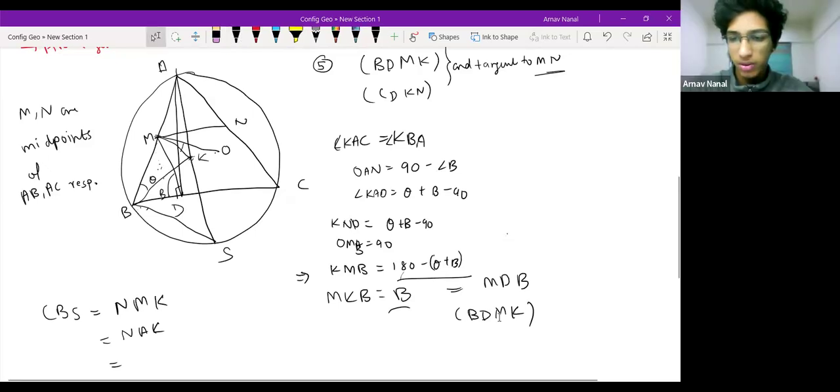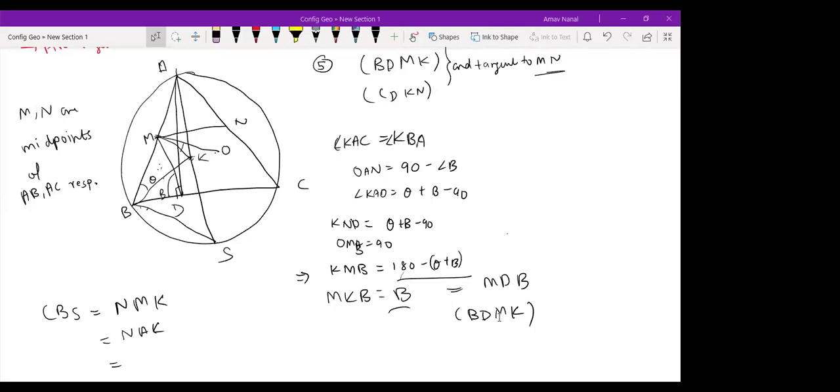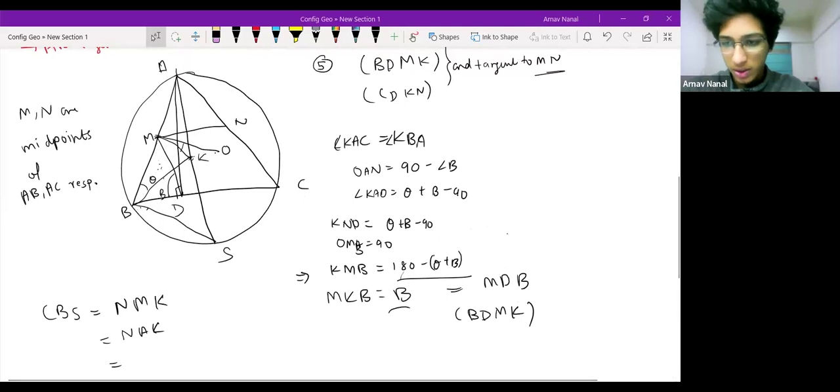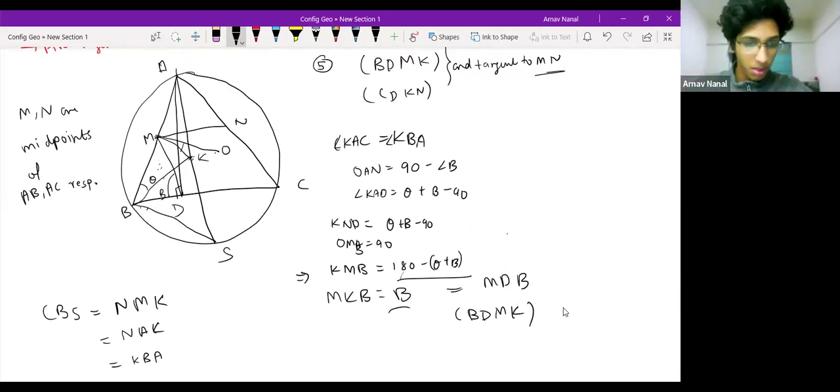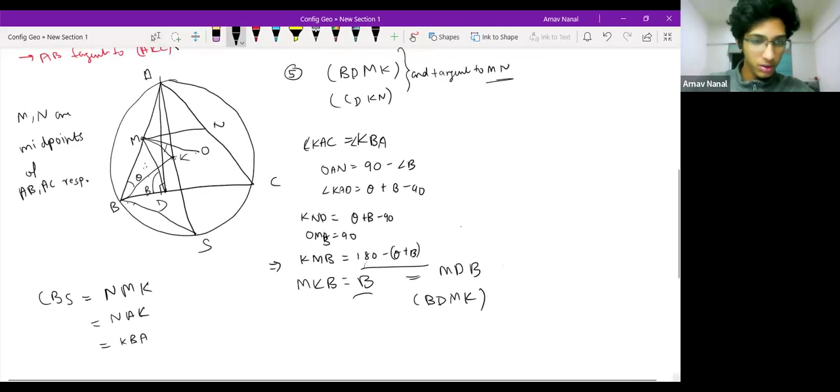In the homothety proof, what do we do after we get angle NAK equal to angle NMK? You get angle NMK equal to angle NAK, and angle NAK is KBA. Now you can compute this angle BKM in two different ways.